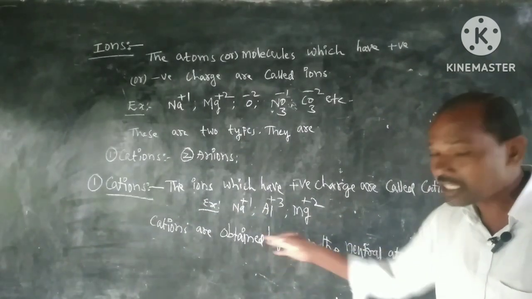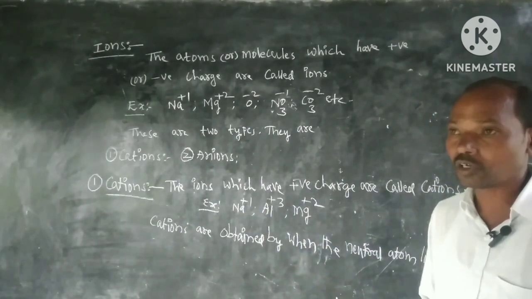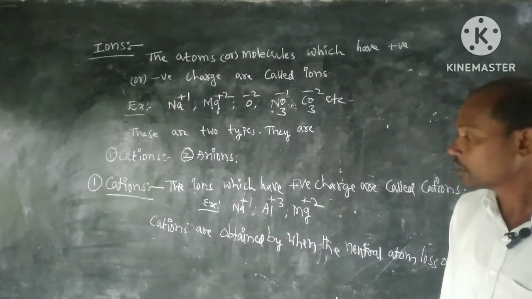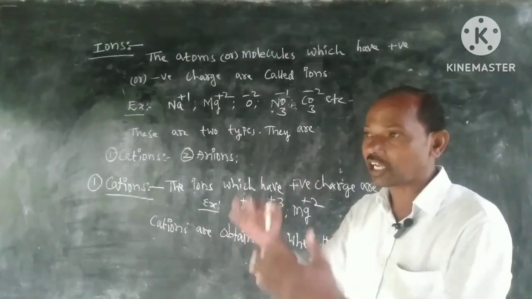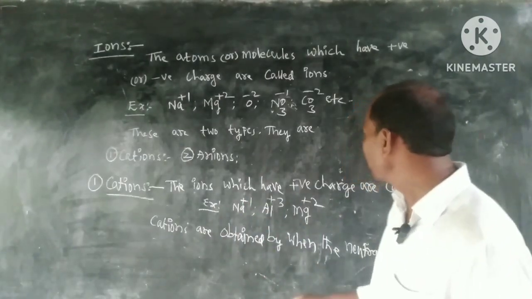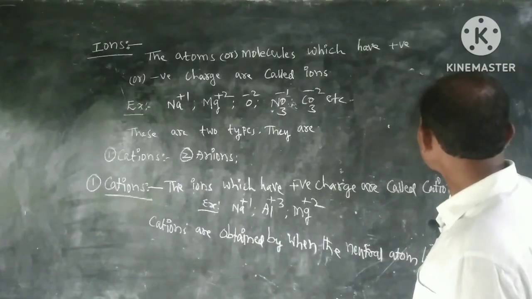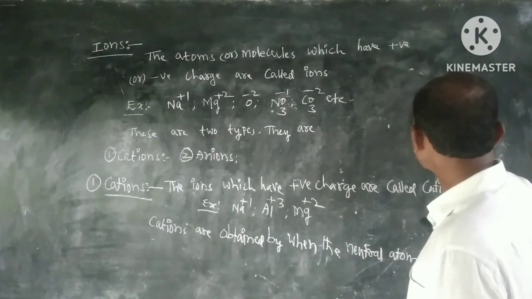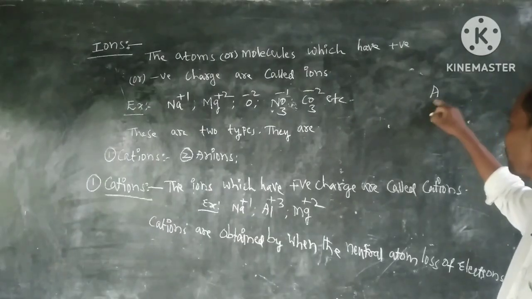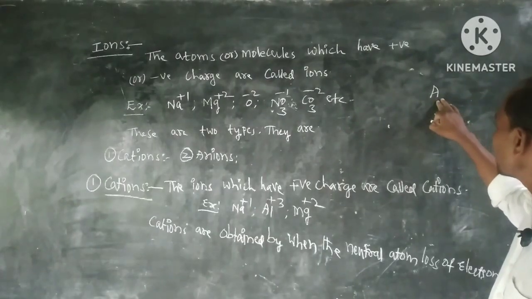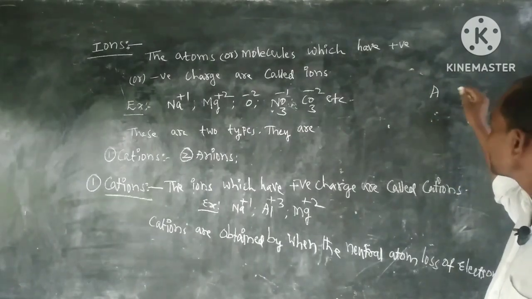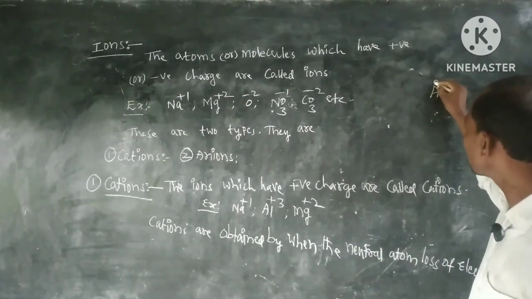So first, what is a neutral atom? You already know. A neutral atom means the atoms or molecules which have no charge. For example, take A. We assume A is an atom. This A does not have any positive or negative charge, so this is called a neutral atom.